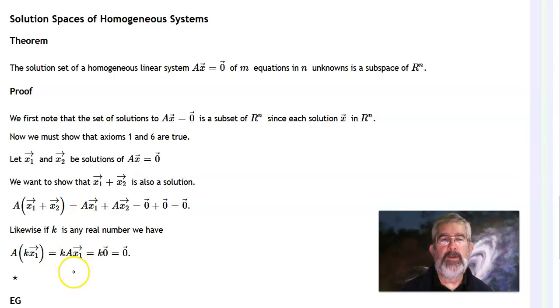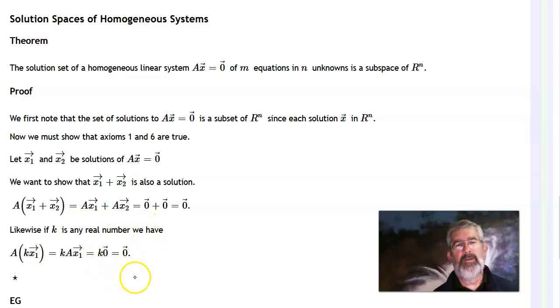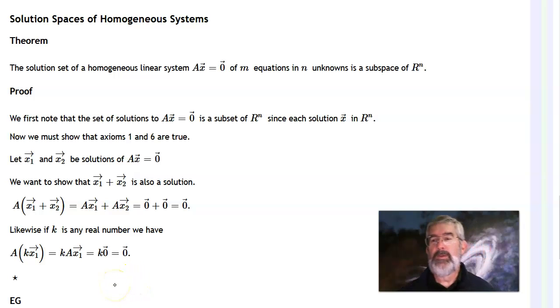But then A times x1 is equal to 0 because x1 is a solution, and k times the 0 vector is the 0 vector, so it's closed under scalar multiplication. We satisfy axioms 1 and 6. We are already a subset of Rn, and so I know I have a subspace of Rn.